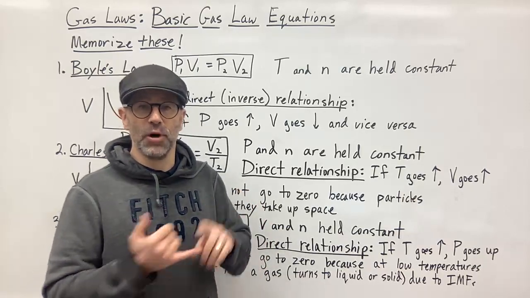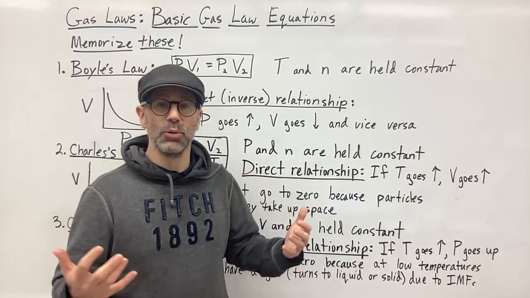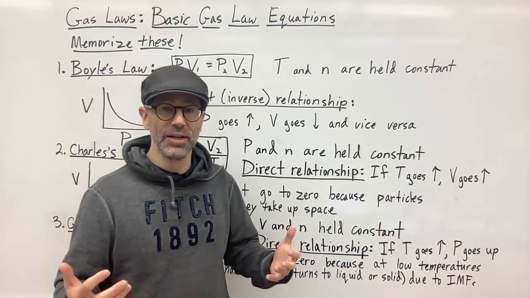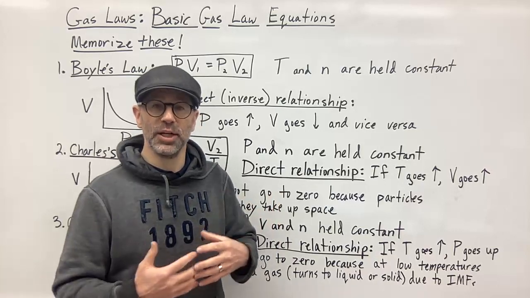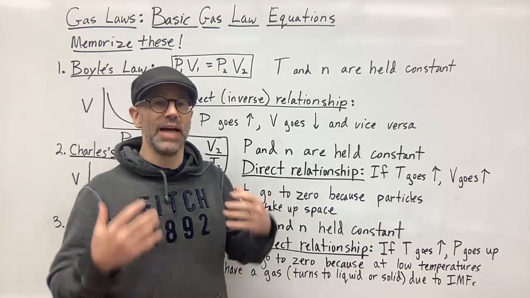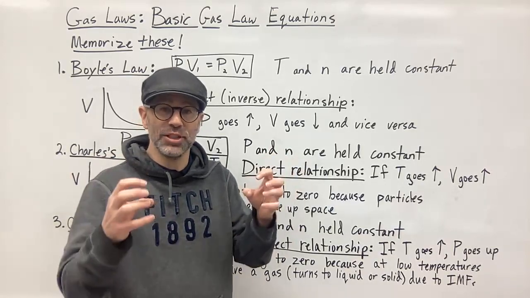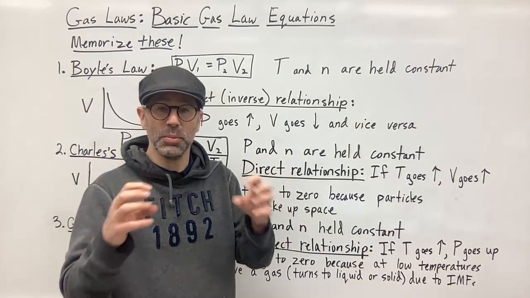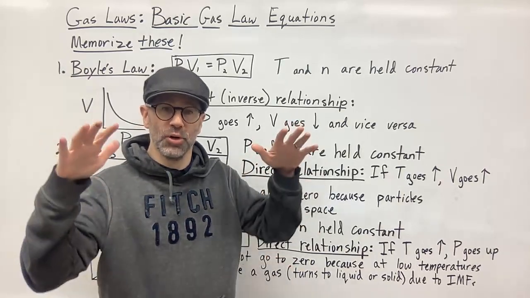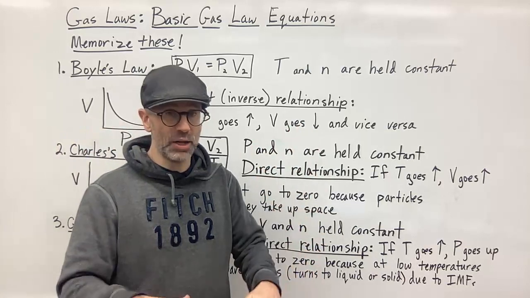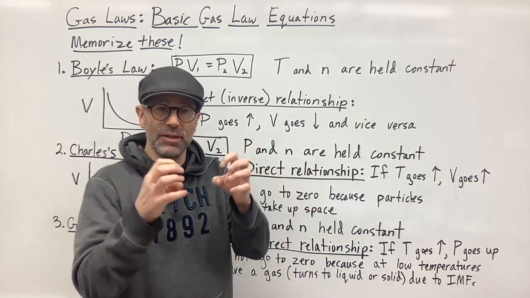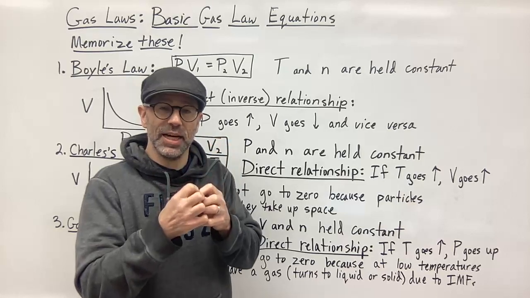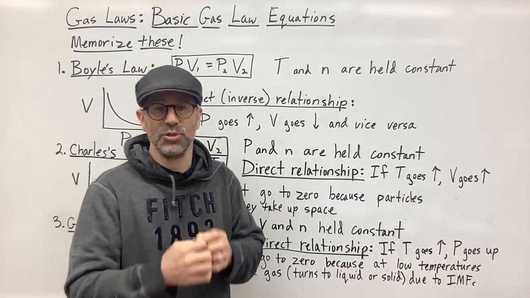For example, you have liquid nitrogen, you have liquid oxygen. These things exist because of intermolecular forces. In order to get nitrogen molecules to become liquid, you need to lower the temperature quite a bit until they move so slowly that the attractive forces can cause them to stick together, and then you're going from a gas to a liquid.